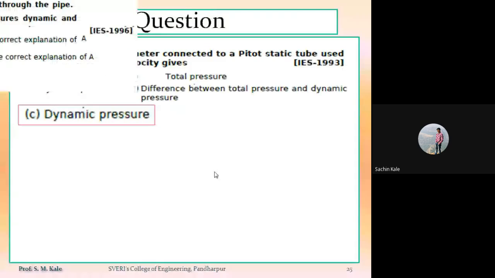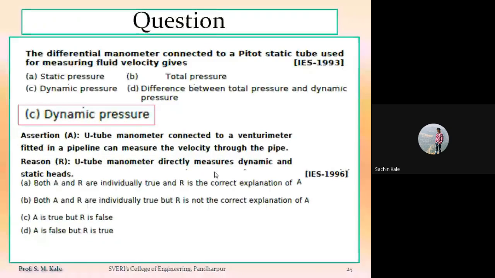Next question. You have to read the question completely. Here they have mentioned two statements, statement A and statement R. Statement A is: a U-tube manometer connected to a venturimeter fitted in a pipeline can measure the velocity through a pipe.